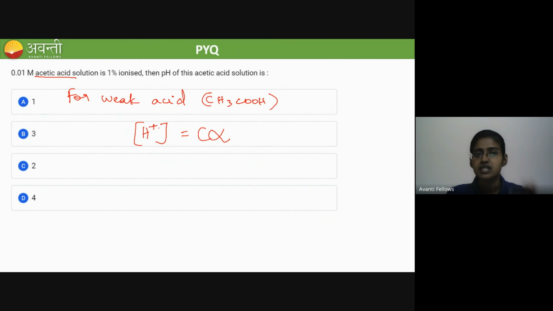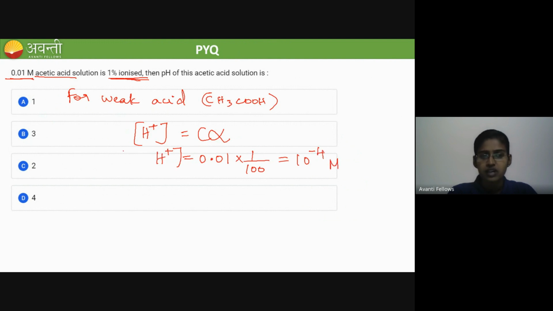C is concentration, alpha is the degree of dissociation. What is the concentration? Concentration is 0.01 molar. And the degree of dissociation or ionization, both are the same. It is 1% ionized. 1% means how do I write it? It is 1 by 100, so the concentration of H+ is 10 power minus 4 molar.